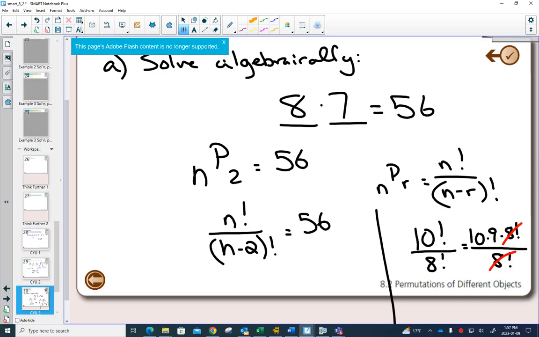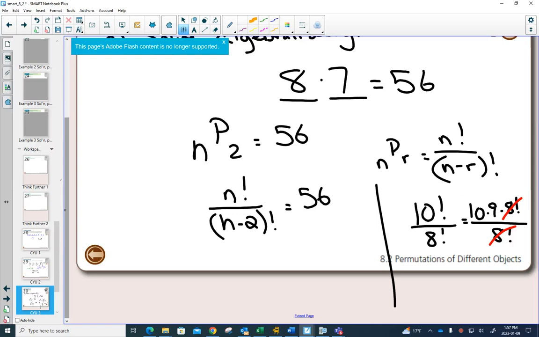So if you expand the bigger one, you will eventually get to the one that's smaller. So the first thing you have to decide between n factorial and n minus 2 factorial is which one's bigger. Is n or n minus 2 bigger? n is going to be bigger. So then we start using the formula that says equals 56, n, and then you multiply by 1 less. What's 1 less than n? n minus 1.